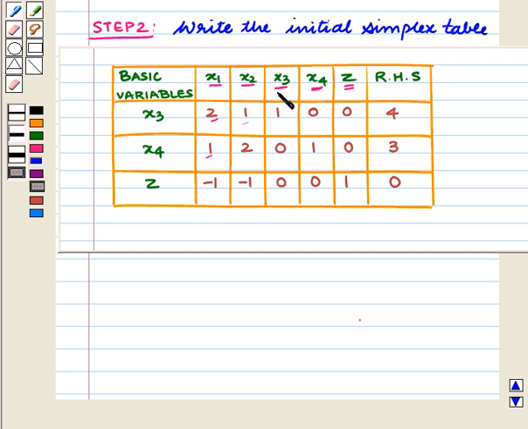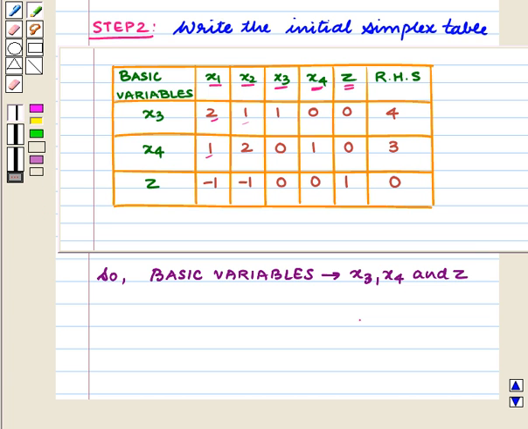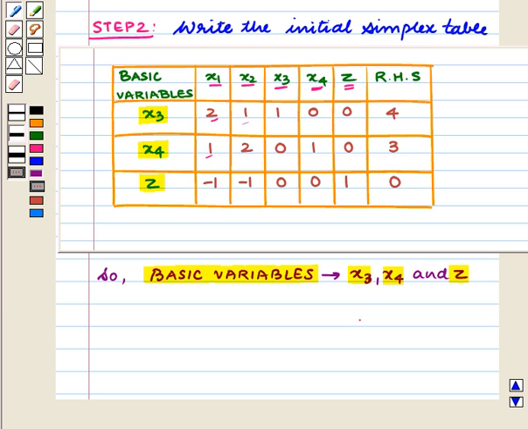Now see, the columns of x3, x4 and z are forming an identity matrix 1 0 0, 0 1 0, 0 0 1. So the variables corresponding to these columns, that are x3, x4 and z, are called basic variables, and we write them in column 1. Note that always write z in the last row for the convenience of calculation.